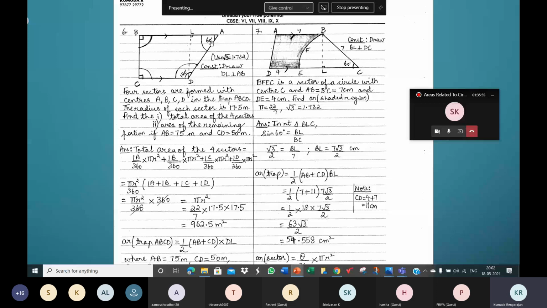I don't have to explain why. A triangle has three sides. Of the three sides, one side becomes the hypotenuse. But we have two other sides. Of the two other sides, this is the opposite side. See here, for 60 degrees, DL is the opposite side. There's no doubt there. So if this is the opposite side and this is the hypotenuse, this is the adjacent side. AL is the adjacent side.